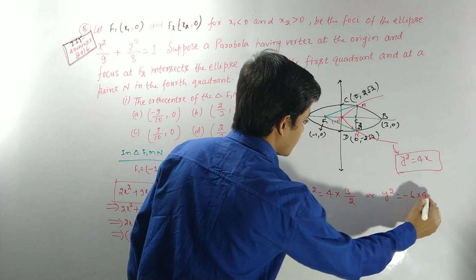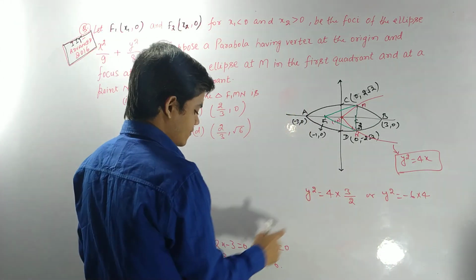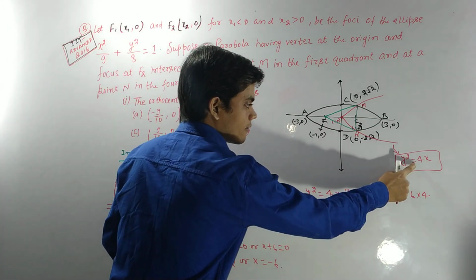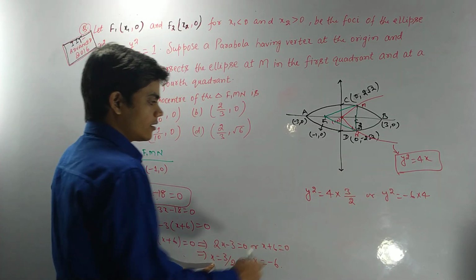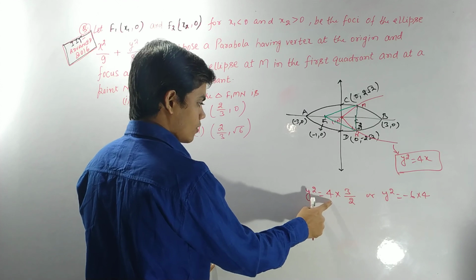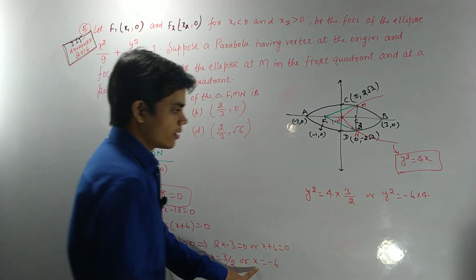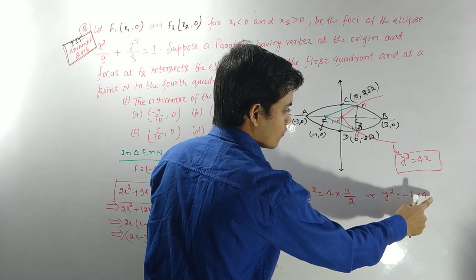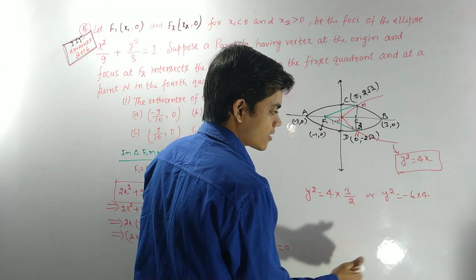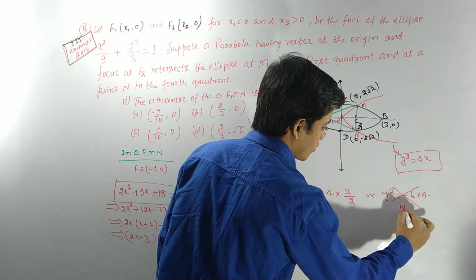After putting this x in the equation, y square is equal to 4 into x, where x is 3 by 2. In the other case, y square is equal to 4 into x, where x is minus 6. But this is not possible at all.